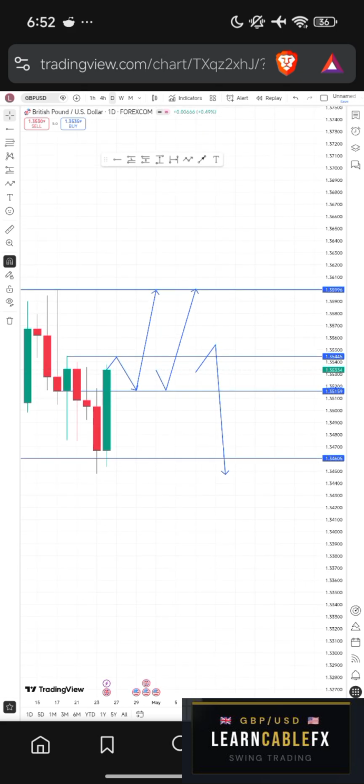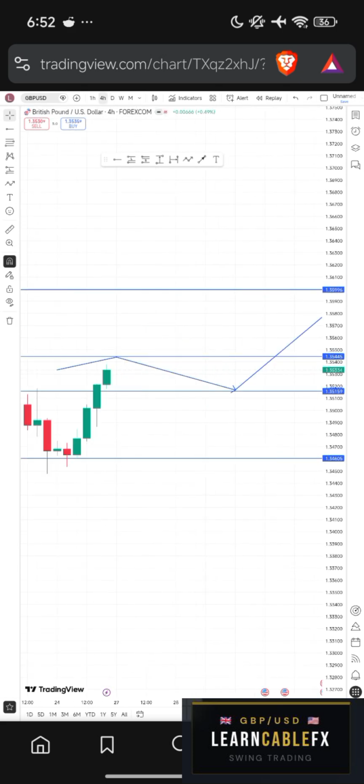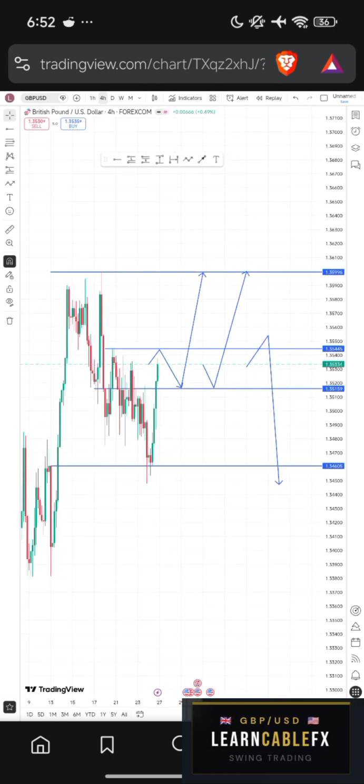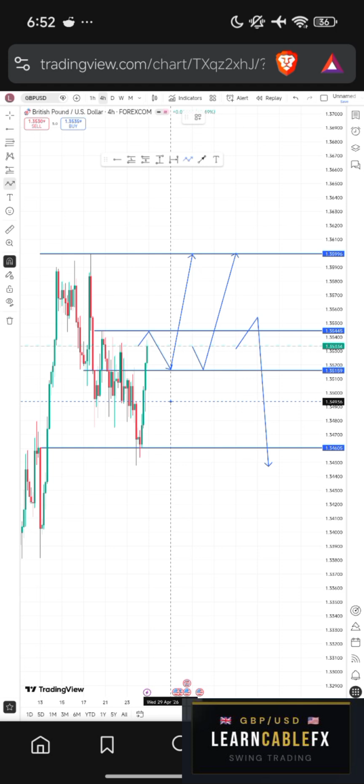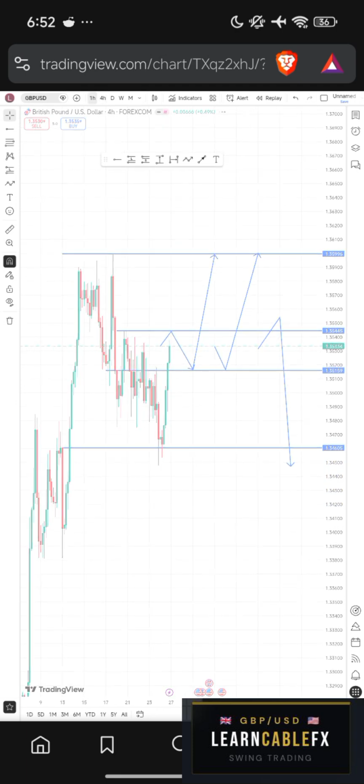So maybe let me see what's happening on the 4 hour. The 4 hour, yeah, it's an uptrend. You can see price is just creating highs. Let me look at the 1 hour.